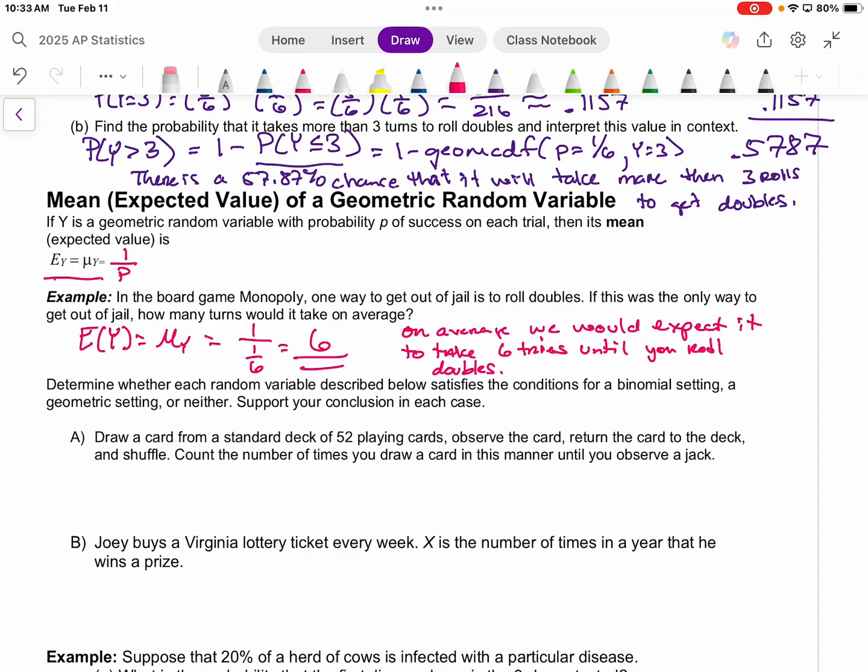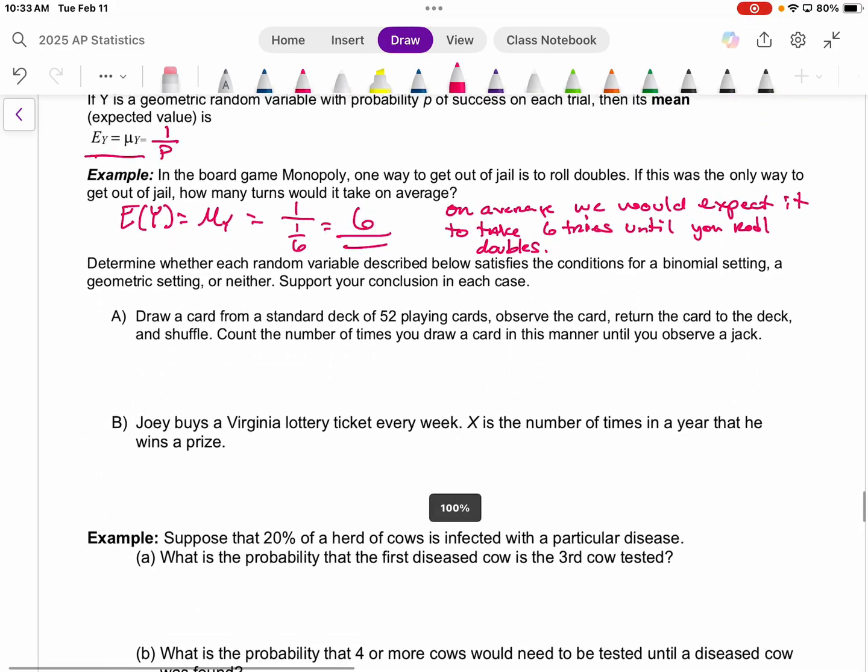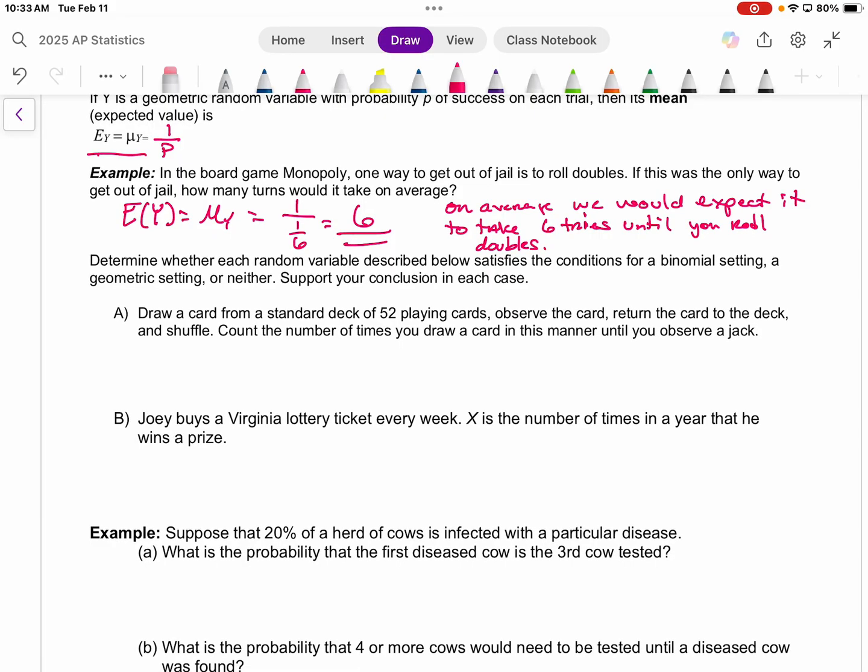It would take us on average 36 tries to maybe roll the double ones. That's what I would expect to happen, 36 tries. Okay, so if you wanted to make the game interesting, you could change things up a little bit, and that would of course change the expected number of trials you got to go through until you would roll that double.